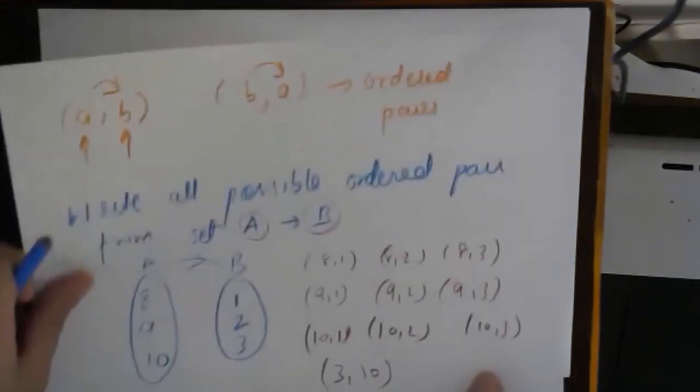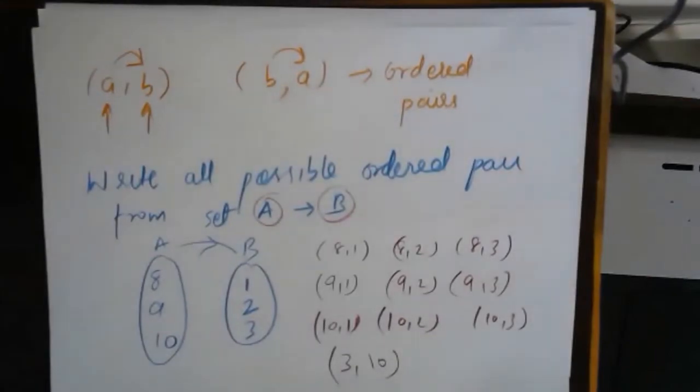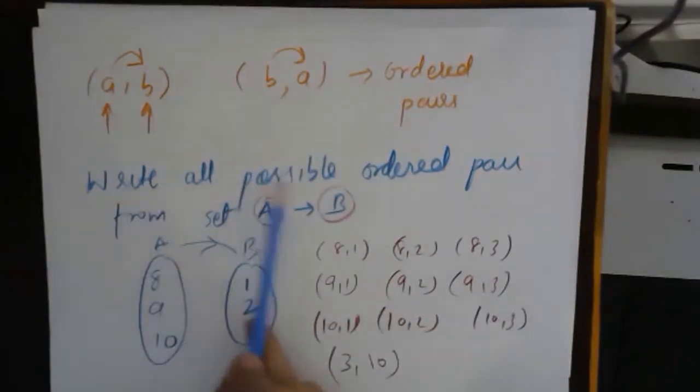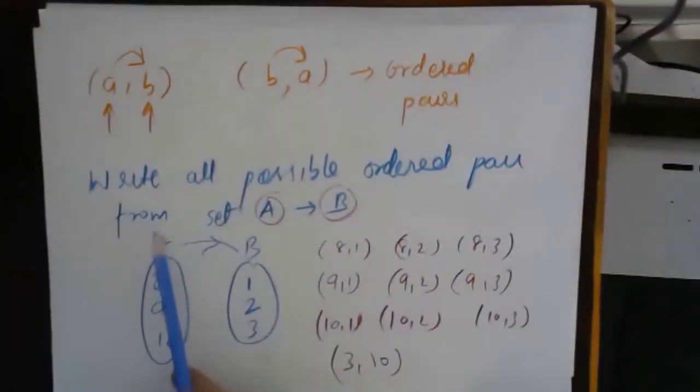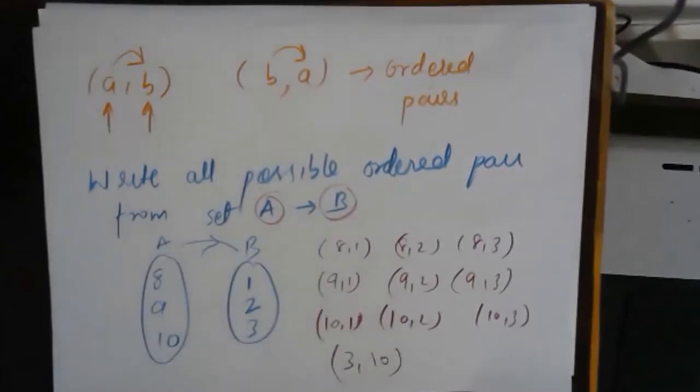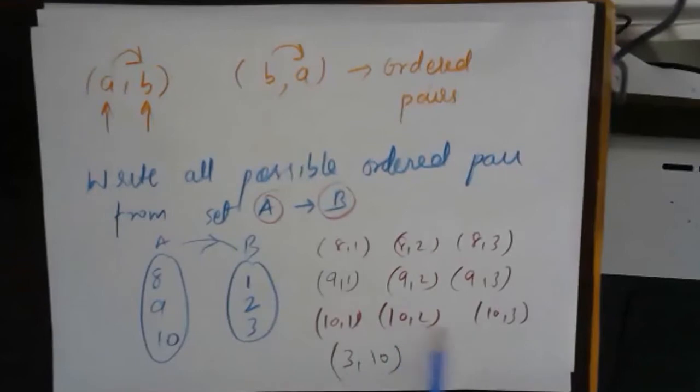So now I have also given you an example of this, that write all the possible ordered pairs from set A to set B. And you have written 8, 1, 8, 2, 8, 3, 9, 1, 9, 2, 9, 3, 10, 1, 10, 2, 10, 3.